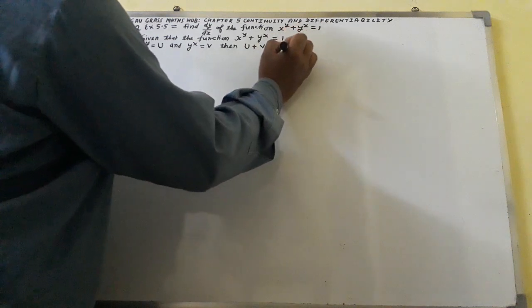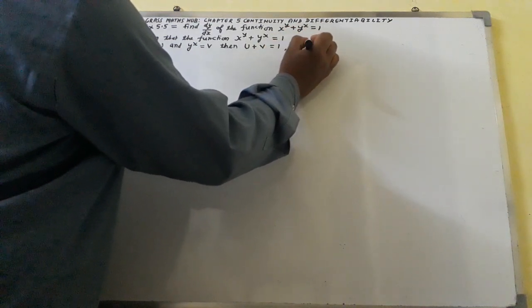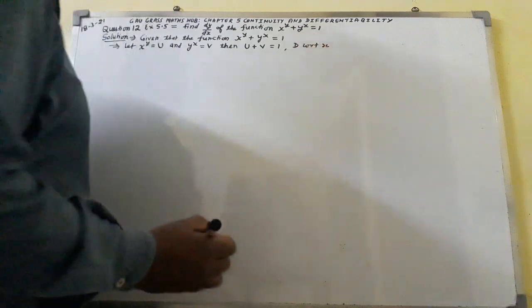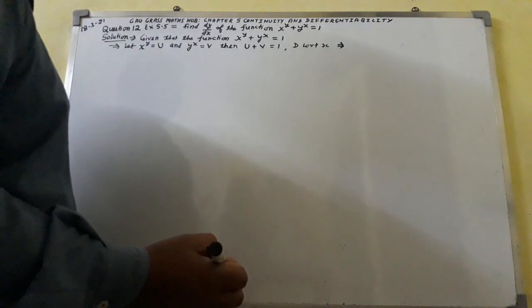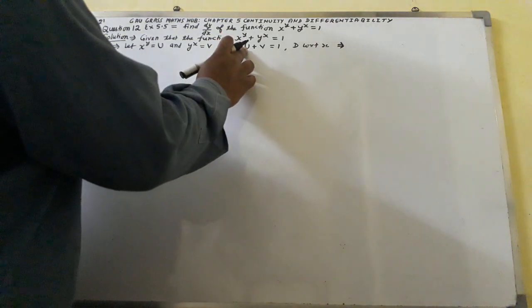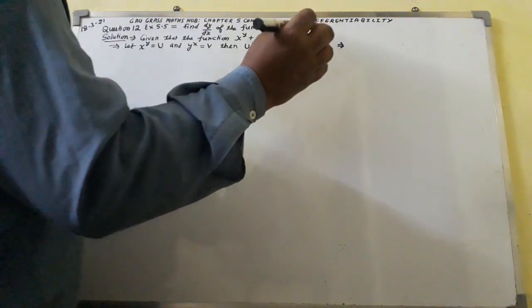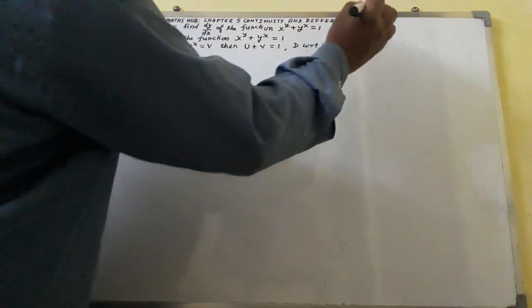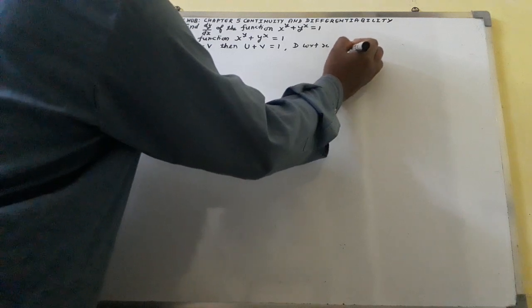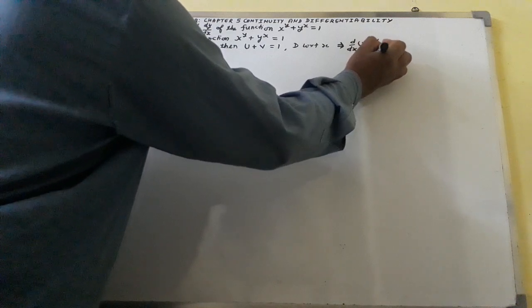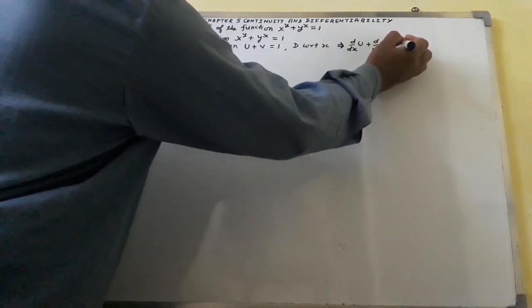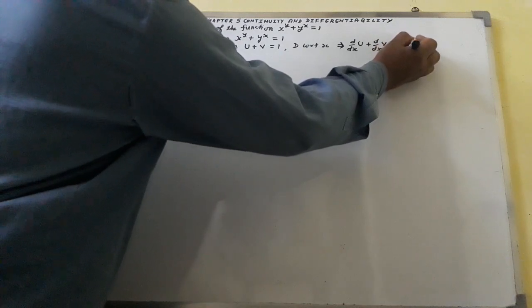Now differentiating with respect to x, the function u plus v equal to 1, we shall get d over dx of u plus d over dx of v equal to d over dx of 1.